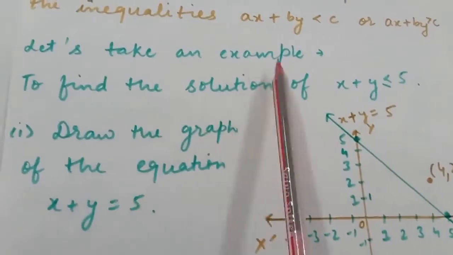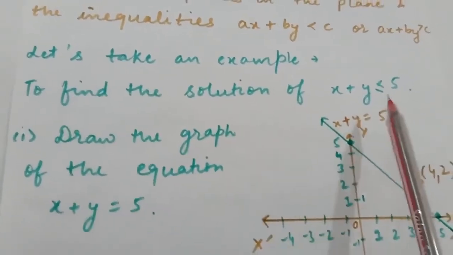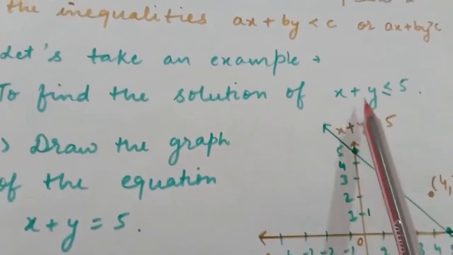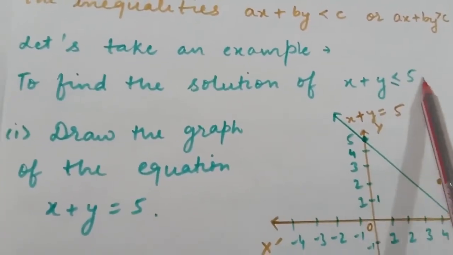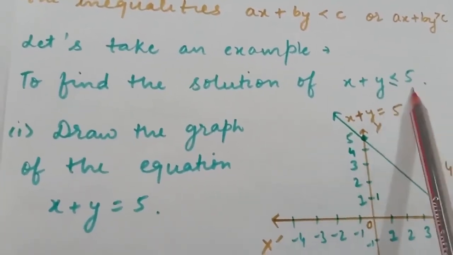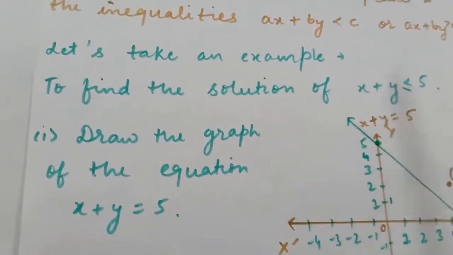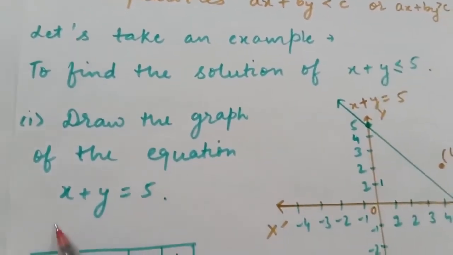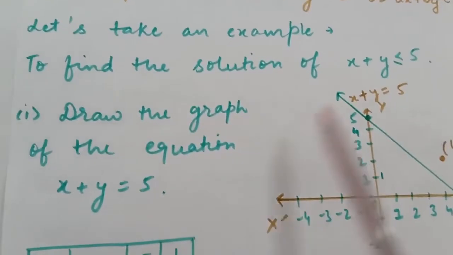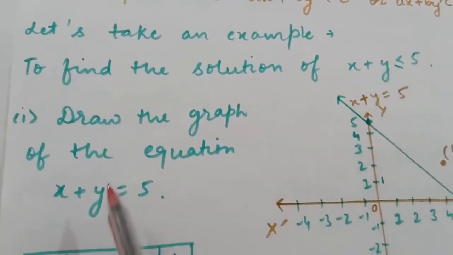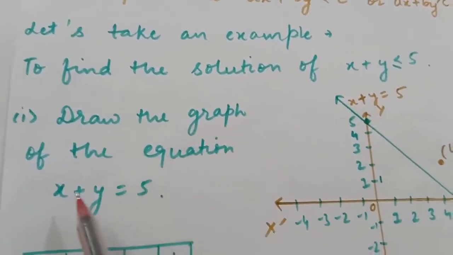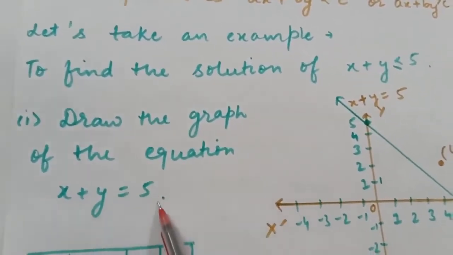Let's take an example to find the solution of the given inequality x plus y less than or equal to 5. First of all, to find the solution of this inequality, draw the graph of the equation x plus y equal to 5. No matter which sign of inequality is given here, first draw the graph of the equation x plus y equal to 5.